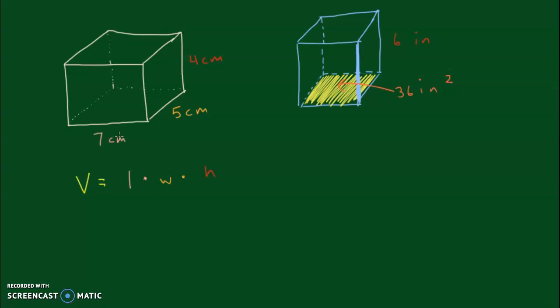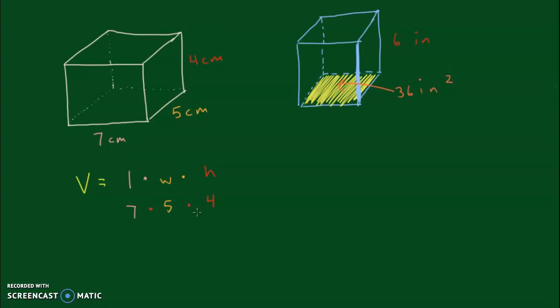And our length from left to right, I'm going to keep saying that, length left to right, 7 centimeters. The width from the front to the back is 5 centimeters. And the height from the bottom to the top is 4 centimeters.